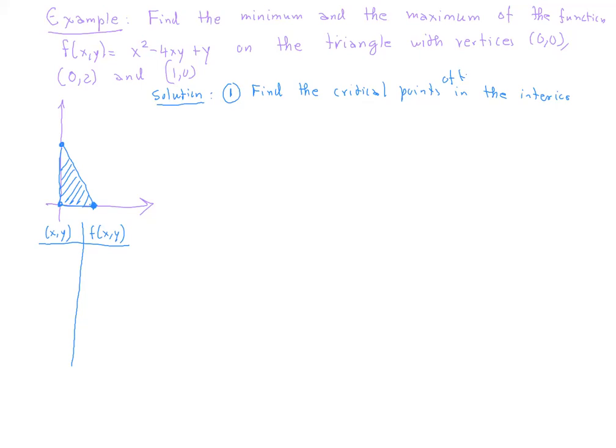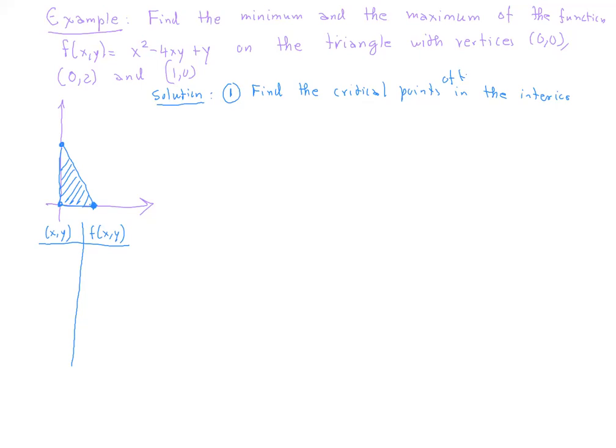So technically, a set that is its own interior is usually called an open set. This set that we have here is not its own interior, meaning we have the boundary segments. If we had excluded those boundary segments, then we would have an open set. But in any case, when you have a maximum or a minimum, it would be on the boundary or in the interior.